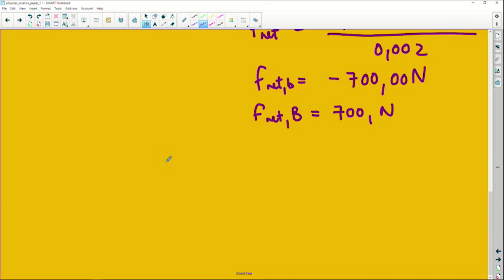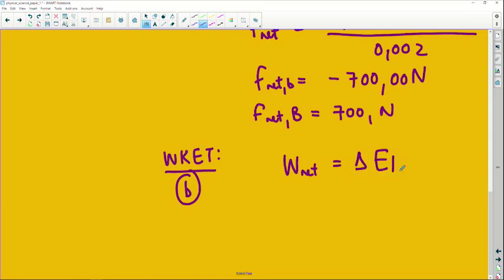So now the second part of the question is where we need to use the work kinetic energy theorem. So remember the work kinetic energy theorem, and remember we're going to apply this on the bullet. It says the net work done on an object is equal to the change in the kinetic energy of an object.